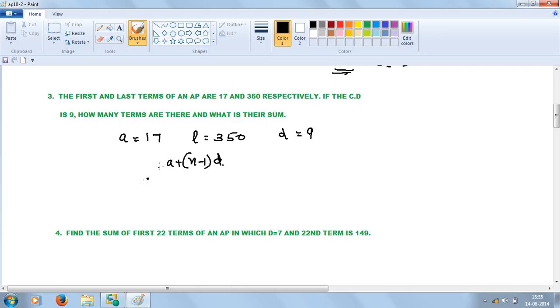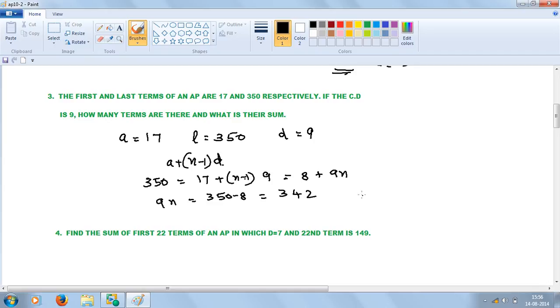So 350, the last term, is equal to 17 plus n minus 1 multiplied by the common difference 9. Removing the brackets, it is equal to 8 plus 9n, or 9n is equal to 350 minus 8, which is 342.